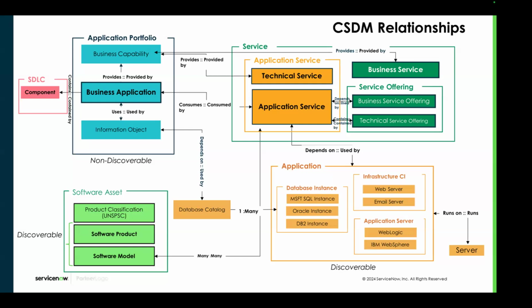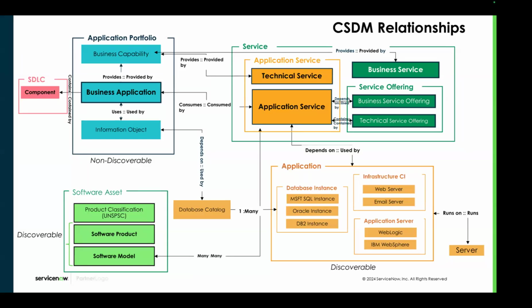Another point I'd like to mention here is that CSDM is not only for CMDB, it is also for asset management. Basically, you use a taxonomy approach, a product model, to connect between asset and CMDB. You can see we map the software model to application servers. It's a many-to-many relationship.